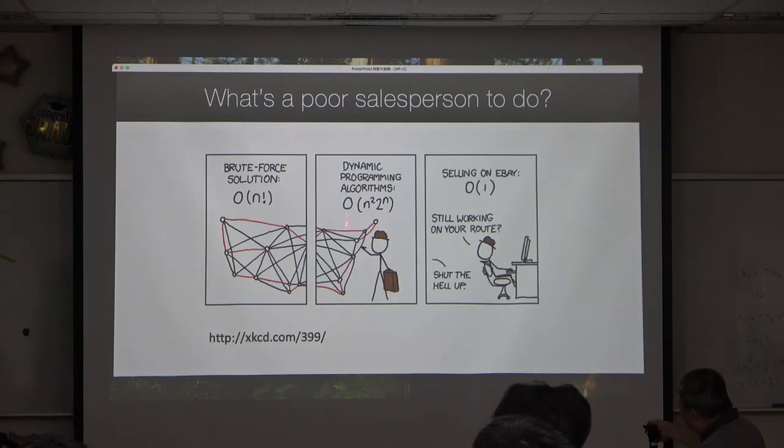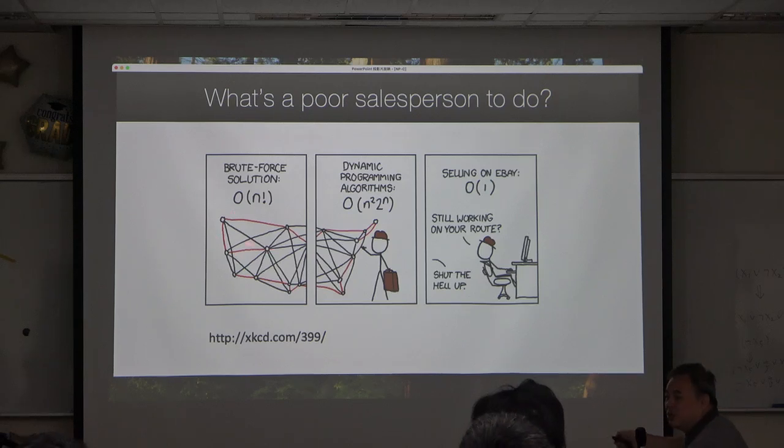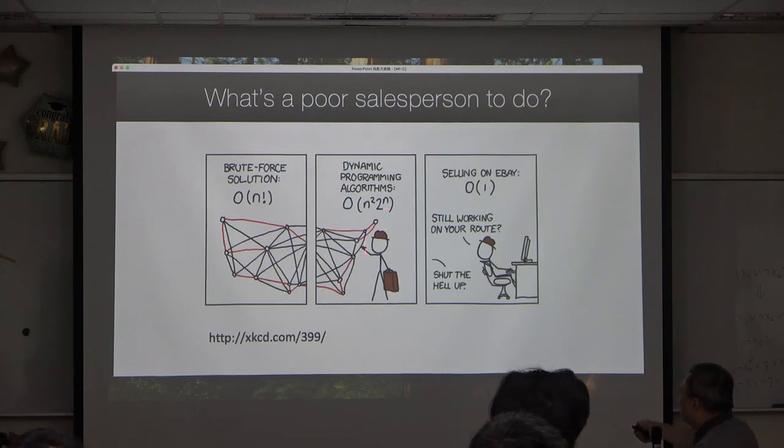You try your best, but actually this is the traveling salesman problem. The brute force solution is n factorial, and if you use dynamic programming, you can get it done like this much. This guy is the traveling salesman.